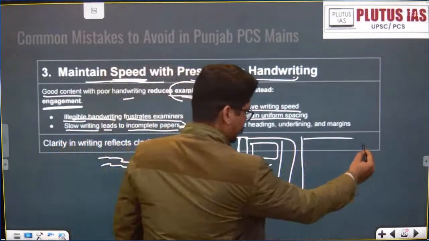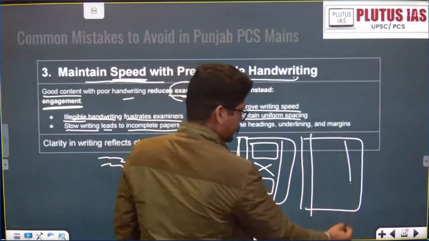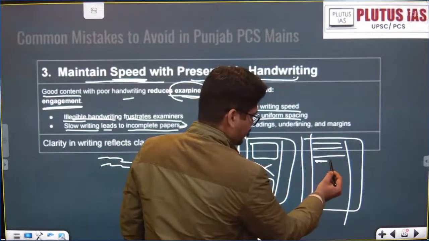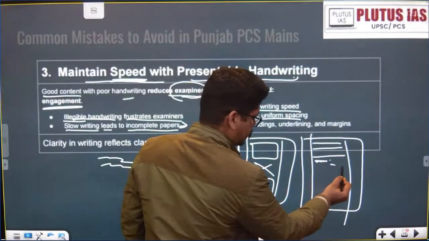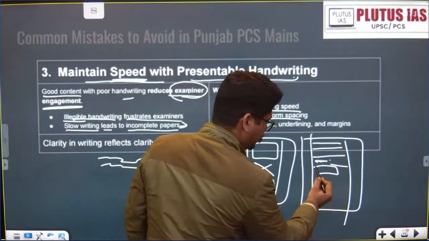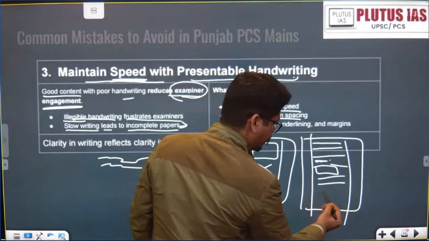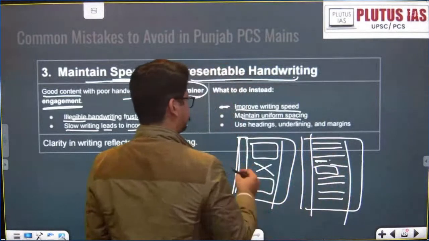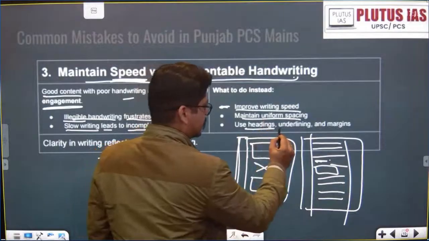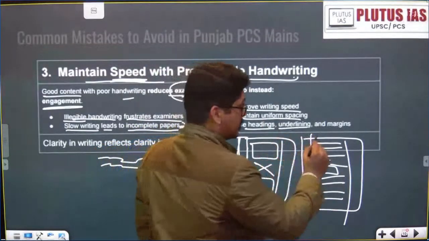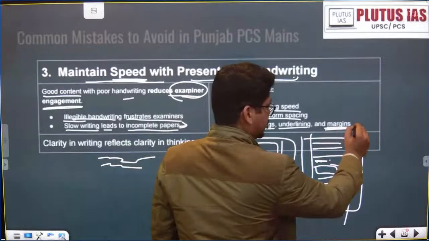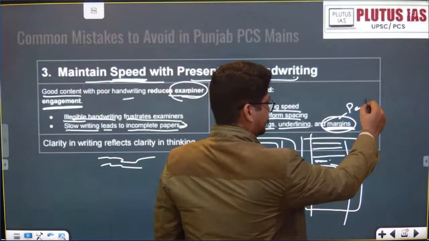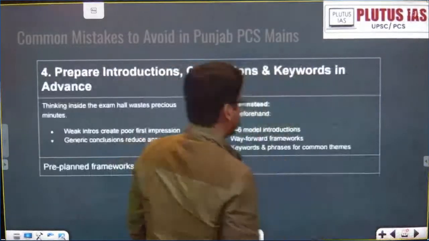If you are completing your para here, start the next para from here, or give another heading or subheading, so that there is no idle space, no vacuum in your sheet as such. Again, use headlines, underline the important points, and do not write in margins. I'm saying this because there might be a penalty this time. Your marks might be less.